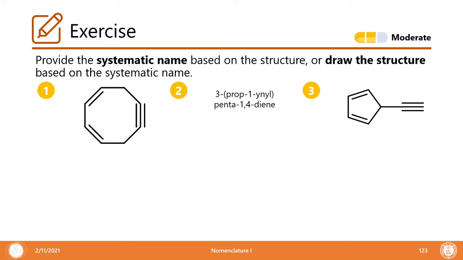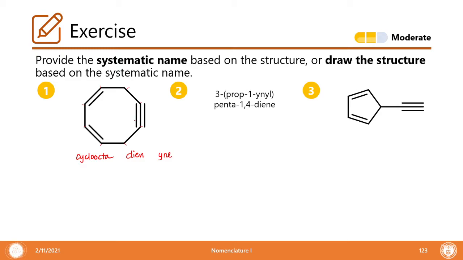Okay, so let's try these moderate exercises. We have here a cycloocta compound. You can see it has 1, 2, 3, 4, 5, 6, 7, 8 carbon atoms. So cycloocta. We have 2 alkenes, so we have a diene, and then we have an alkyne.